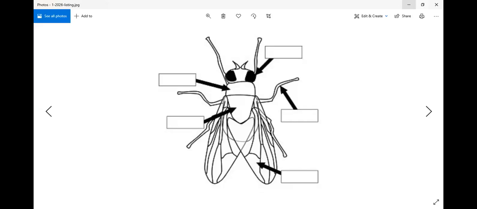Flies are also insects. Tala, what do we call this part?